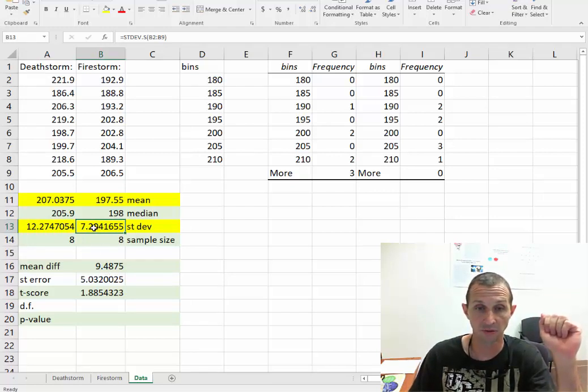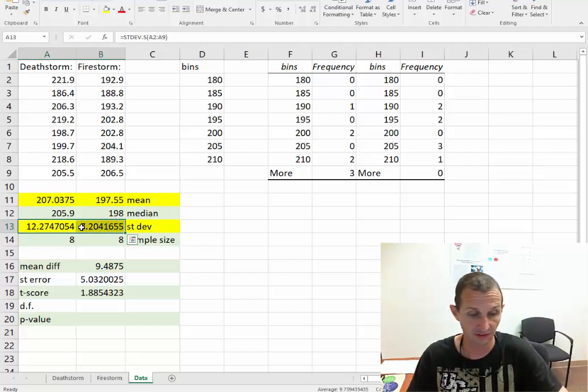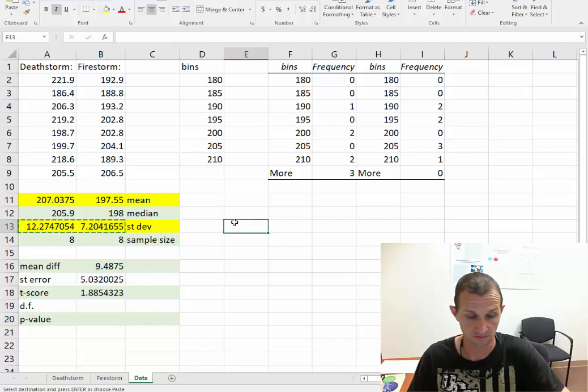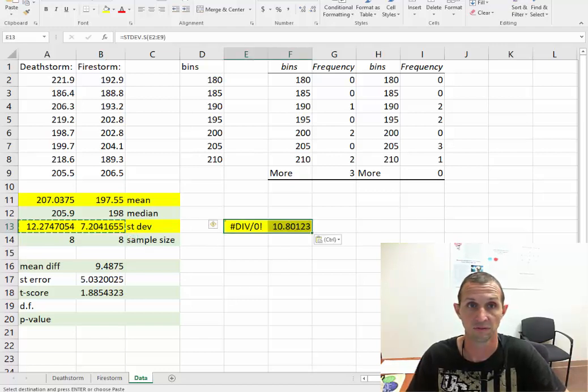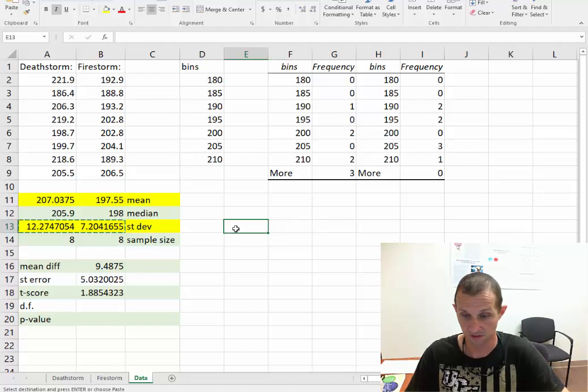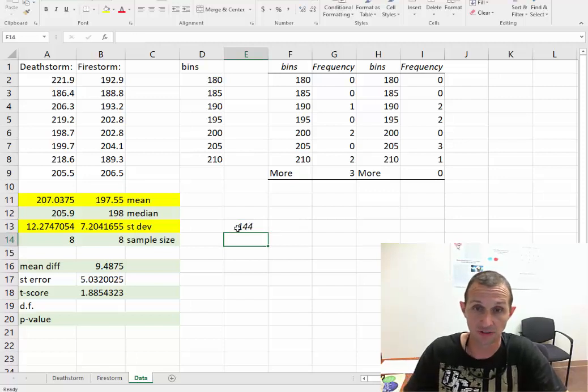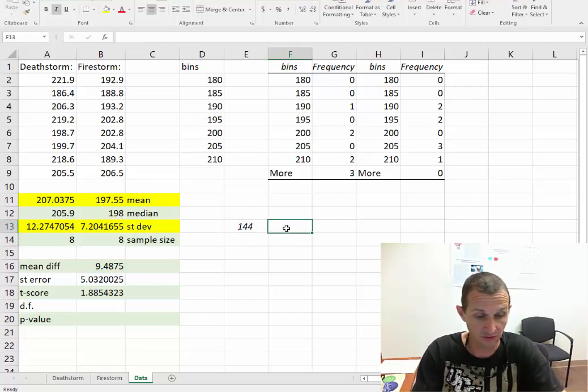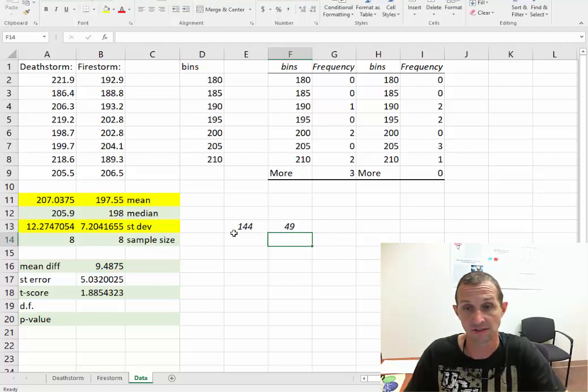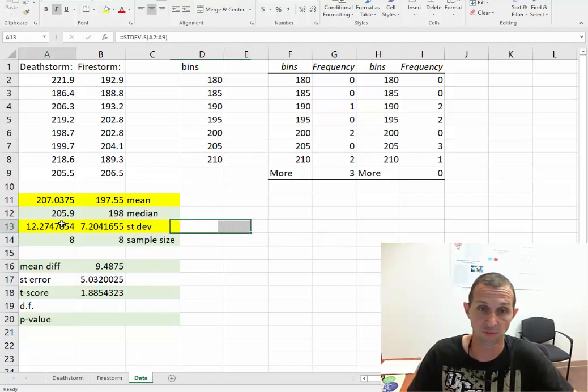But that's actually a pretty big difference, because if you took 12 and squared it, you would get 144. And if you took 7 and squared it, you would get 49. And so this is almost 3 times bigger in terms of variance. And so these are pretty different.